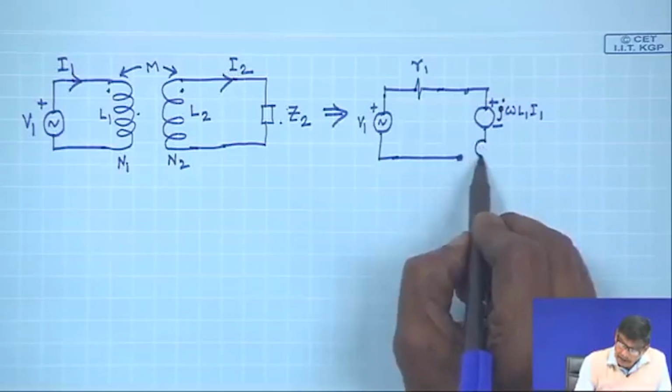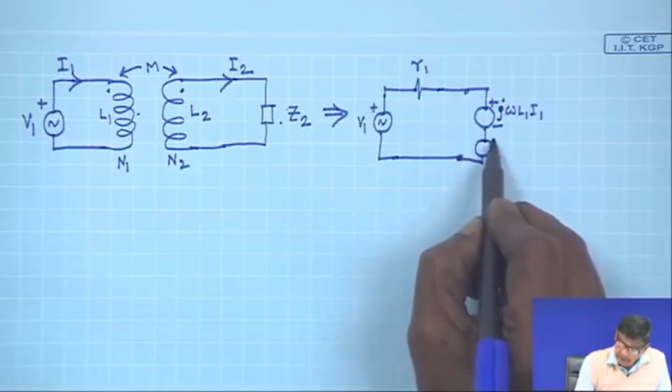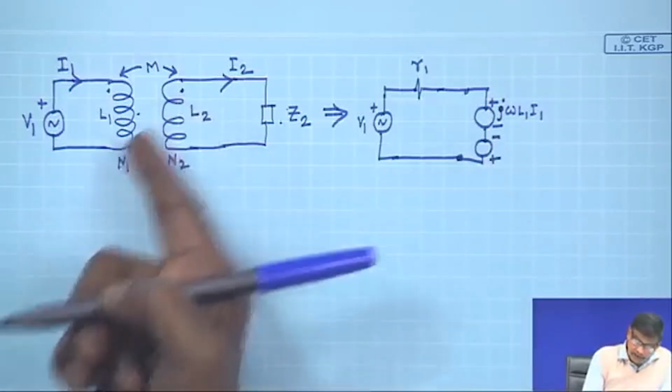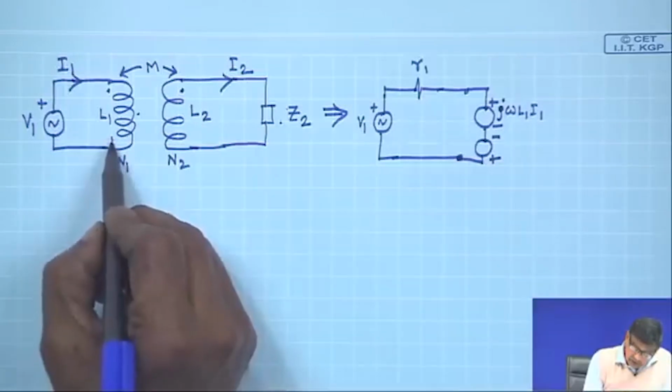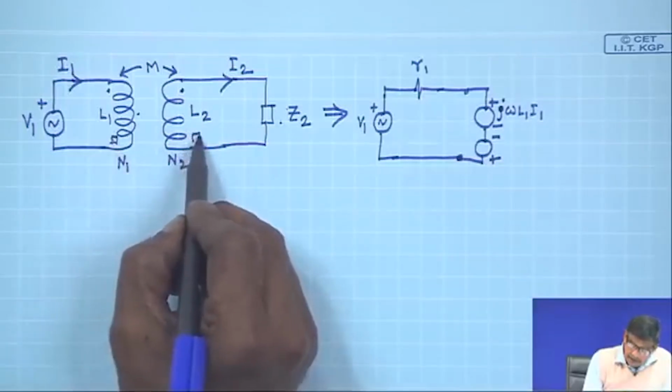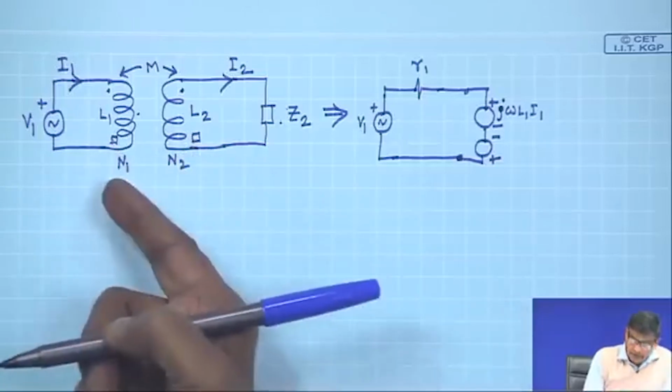Then you have another voltage drop here whose polarity will be like this because I2 is entering here, and these two can be thought of as dots.